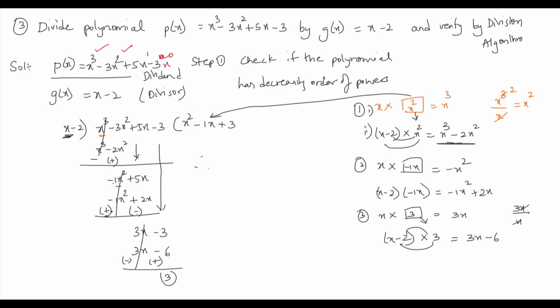So from this I can say q of x, which is my quotient, is x square minus 1x plus 3, and r of x, which is our remainder, is 3. So quotient and remainder are found out. Now we have to verify it by the division algorithm.